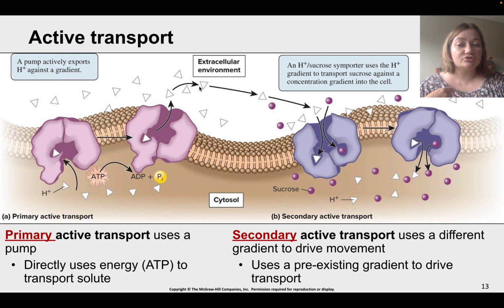So we're using this triangle gradient. This molecule wants to move to the other side, but it's going to take along a molecule going against its gradient. Once both are in place, then the symporter will open. So it doesn't directly use ATP, but in order for that gradient to be built up in the first place, ATP had to be used for one of the molecules.